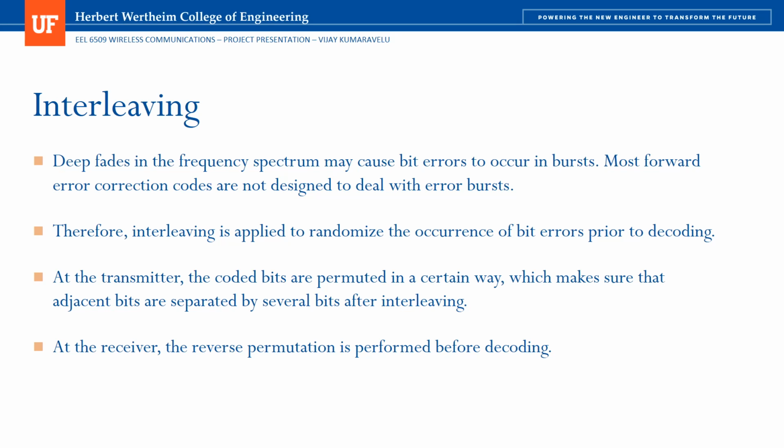Therefore, interleaving is applied to randomize these bit errors. At the transmitter side, we apply permutations to the coded bits to make sure that adjacent bits are far away, separated by several bits after interleaving. At the receiver side, however, reverse permutation is performed before decoding.